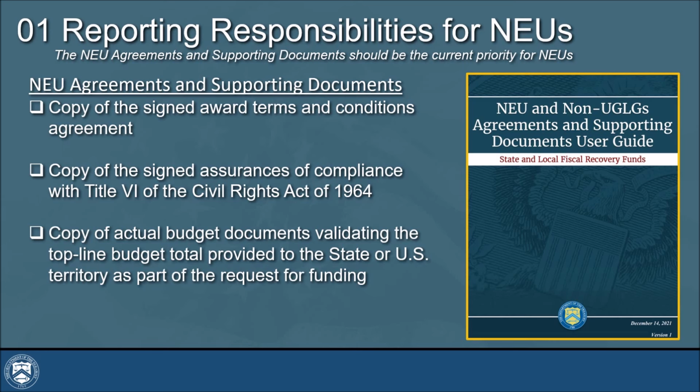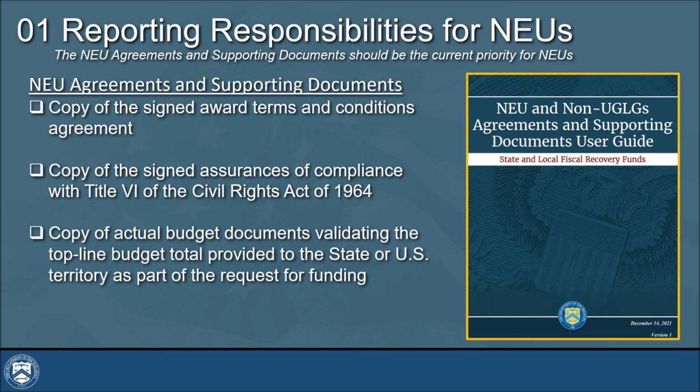And lastly, the copy of the actual budget documents that validate the top line budget if your NEU jurisdiction just provided a top line budget to the state or U.S. territory as part of the request for funding.